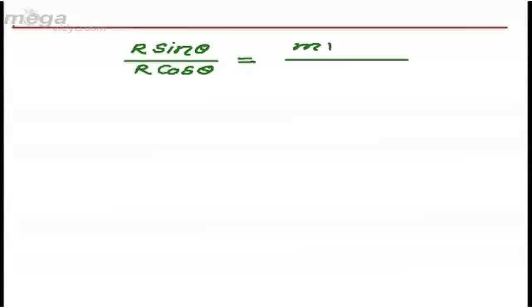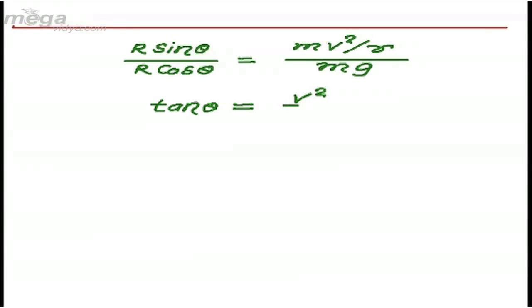Now I can write R sin theta divided by R cos theta to be equal to mv square by r divided by mg, which yields tan theta is equal to v square by rg.